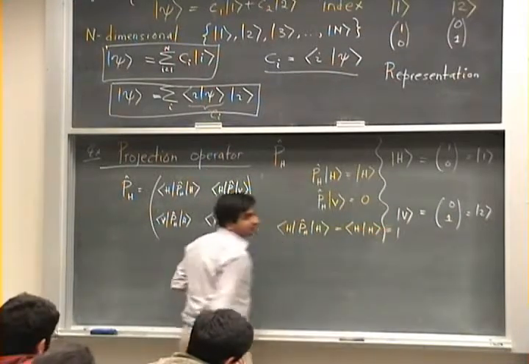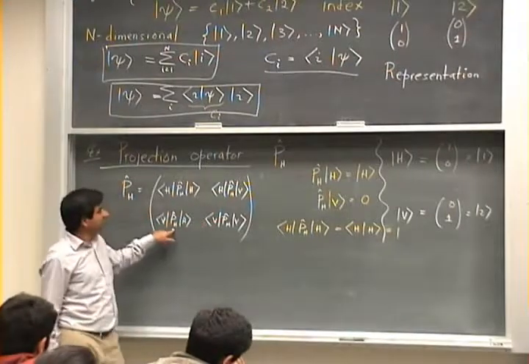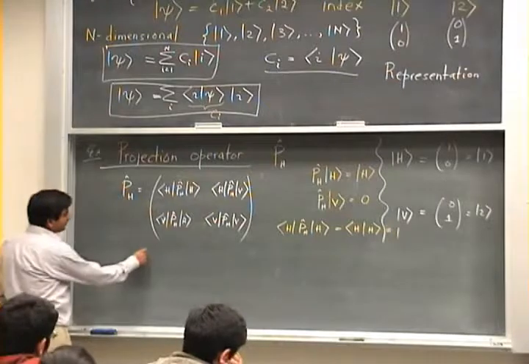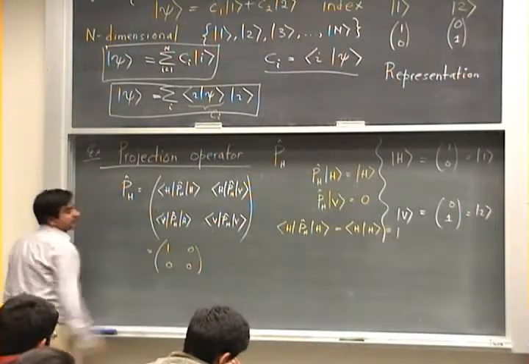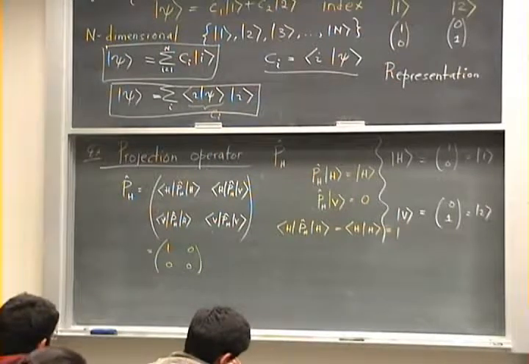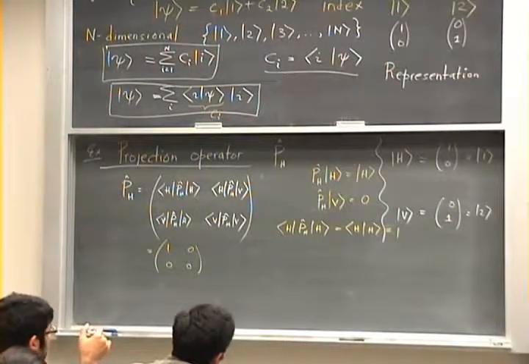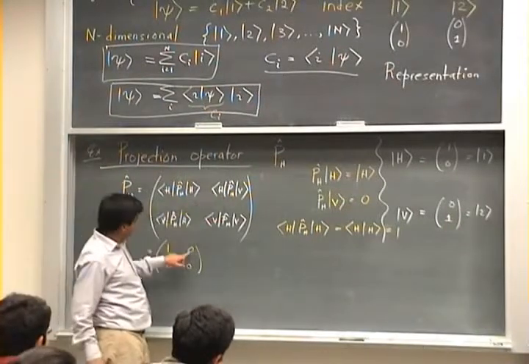This is 1, this is 0, this is 0, this is 0. So the matrix representation of the projection operator is this. This element is 1, this is 0.